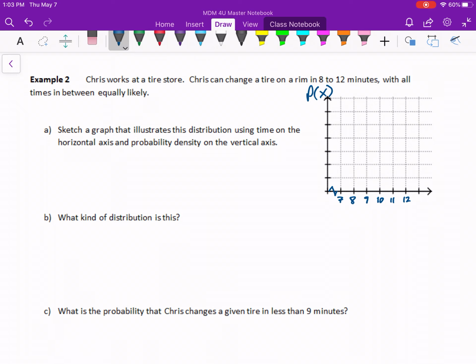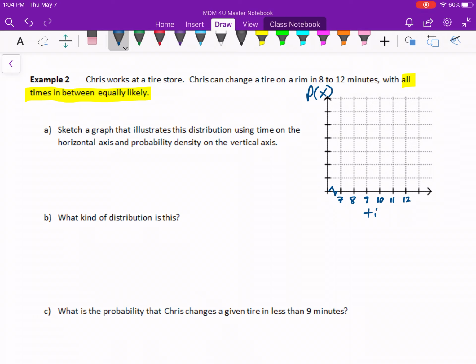That is important. All times in between are equally likely. So, sketch a graph that illustrates this distribution using time on the horizontal axis and probability density on the vertical axis.